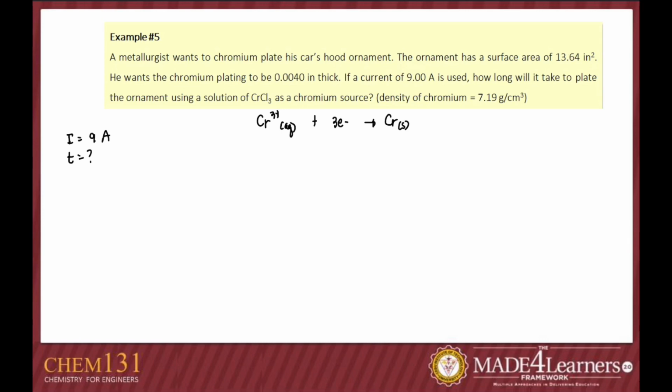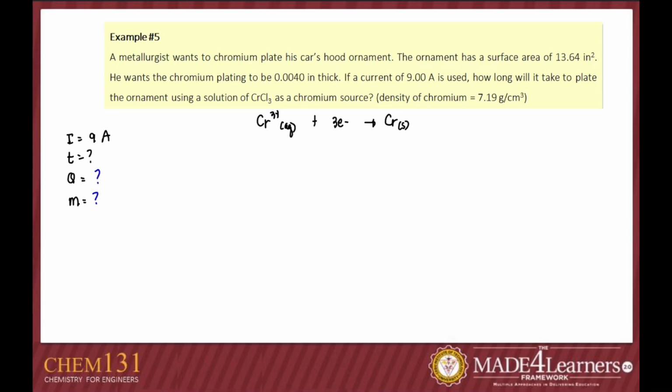So if we are looking for time, we need Q. And if we want to find Q, we need to find the mass. How are we going to get the mass? Through the density.